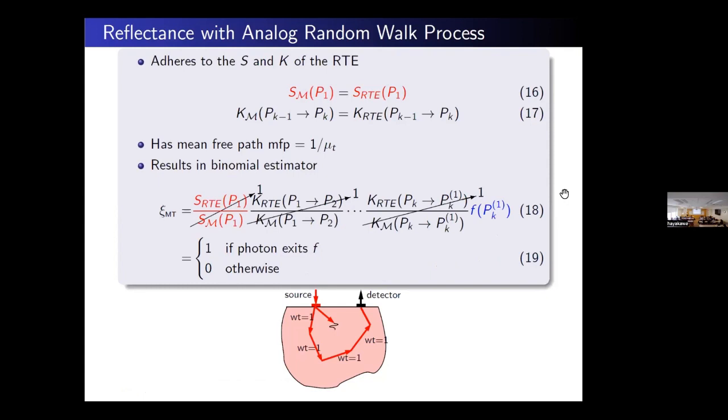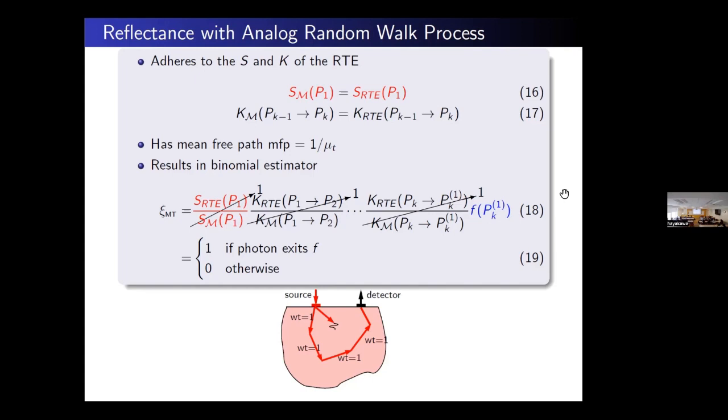So earlier, we talked about analog random walks. The way that analog runs is that the photon weight starts with 1. It could get absorbed. If it doesn't get absorbed, then it continues on with weight 1, weight 1, weight 1.